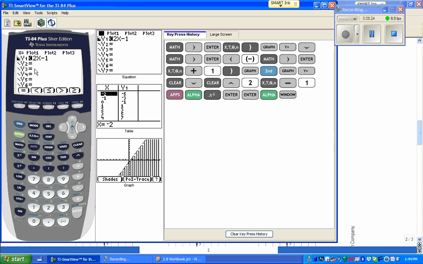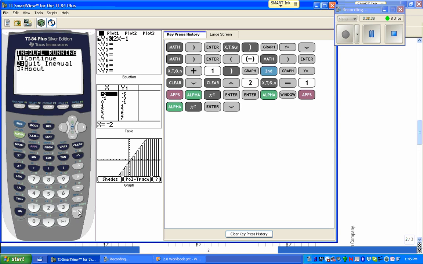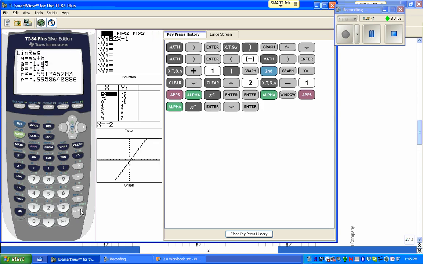Okay? Another way we could do that is if we don't have the inequalities, let's go back to apps. Let's go back to alpha I. I'm going to hit inequalities again. I'm going to quit it. I'm going to hit enter. What you can do under your y equals is scroll over all the way to the left until this thing is flashing.